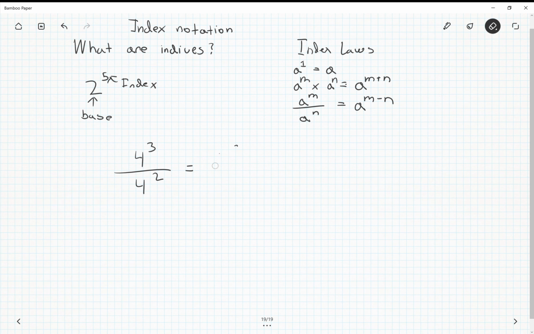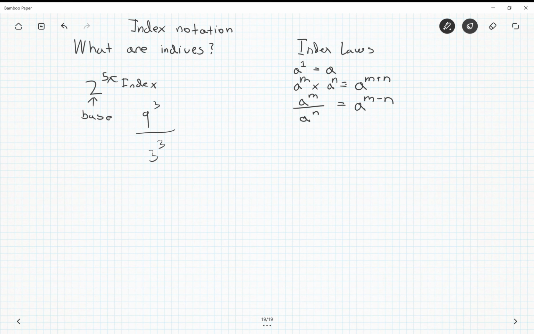Let's try something a bit more complicated. Let's say we have 3 to the power 3, and then 9 to the power 3. Well, you might say, hang on a minute, these bases aren't the same, so we cannot use one of the index laws.